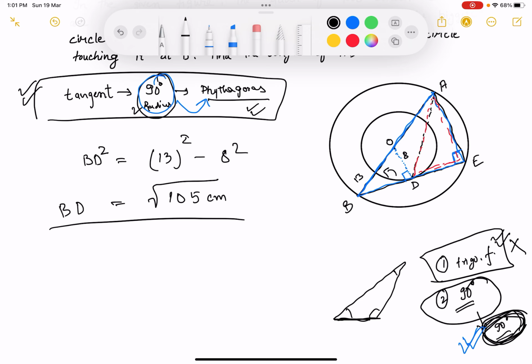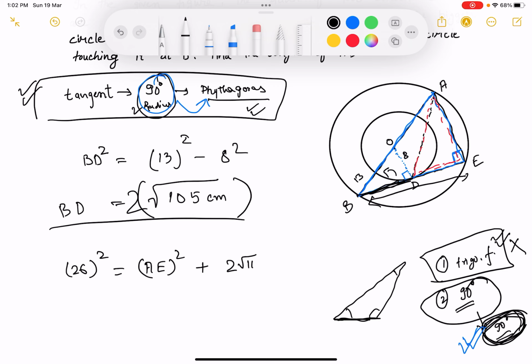So let's take up the bigger triangle, the blue triangle. We know AB is given 26 centimeter. AB is the hypotenuse. So hypotenuse square is equal to AE square plus BE square. We don't know AE. What is BE? BE is twice of BD. We have already found BD. So twice of BD is BE. So we will write twice of root over 105 whole square. So from here we can always find AE.